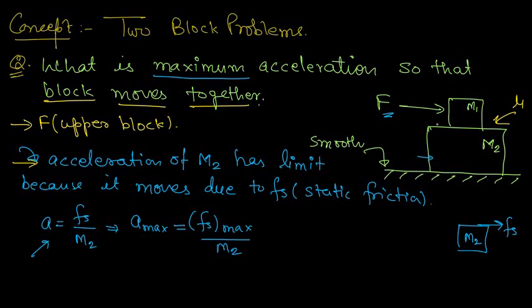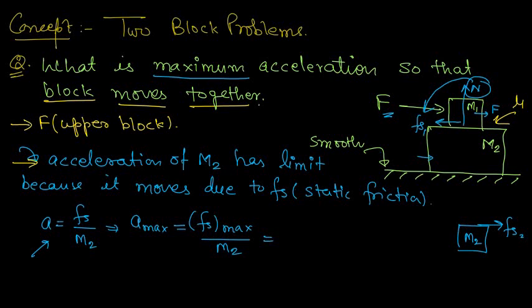So the maximum frictional force will be, let's look at this block. If m2 has a friction in the forward direction, then m1 has a friction Fs1 on surface 1, and this is on surface 2. There will be a force F in this direction, and there will be a normal in this direction. This normal is related with this Fs1.